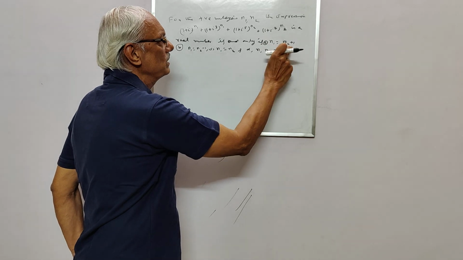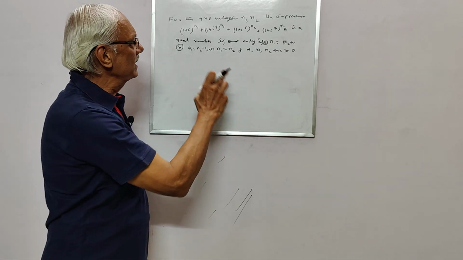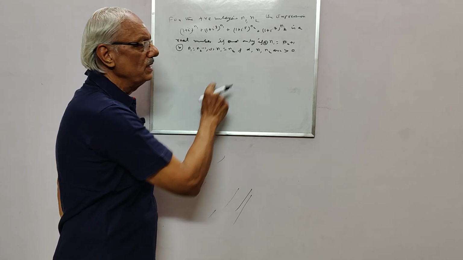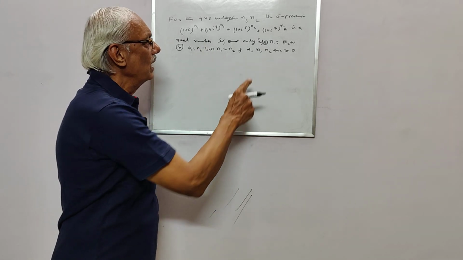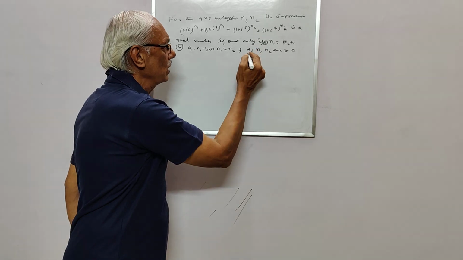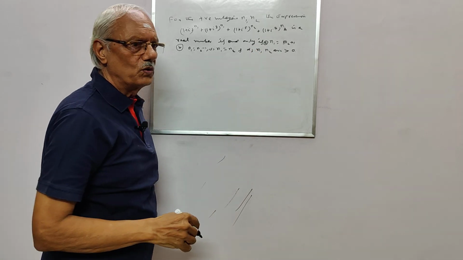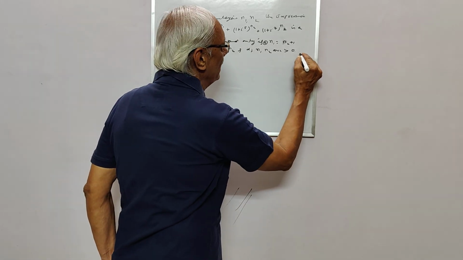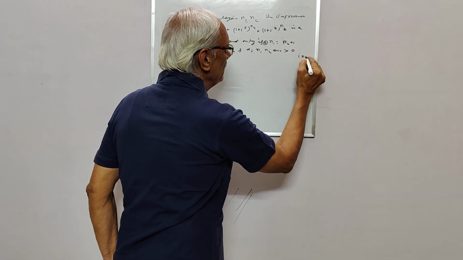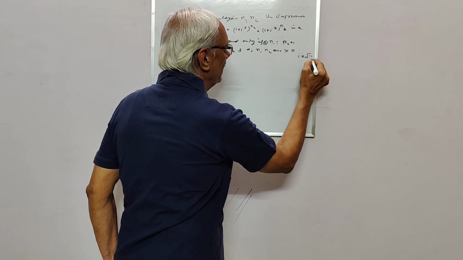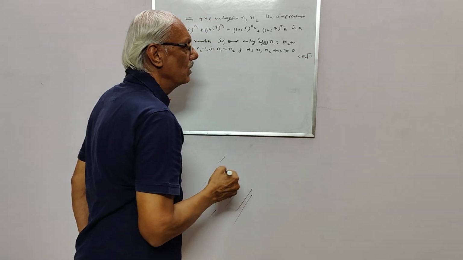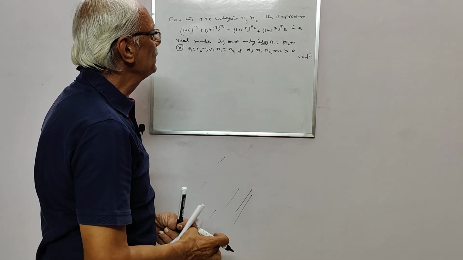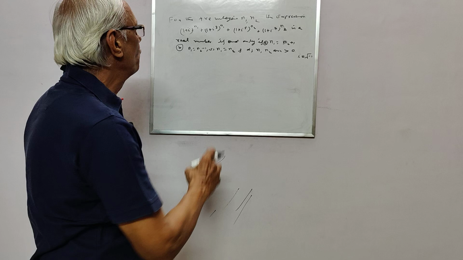The first is n1 equals n2 plus 1, the second is n1 equals n2 minus 1, the third is n1 equals n2, and the fourth is that n1 and n2 are strictly positive numbers. Here i is a complex number, the square root of minus 1. You have to find which one of the 4 is correct.